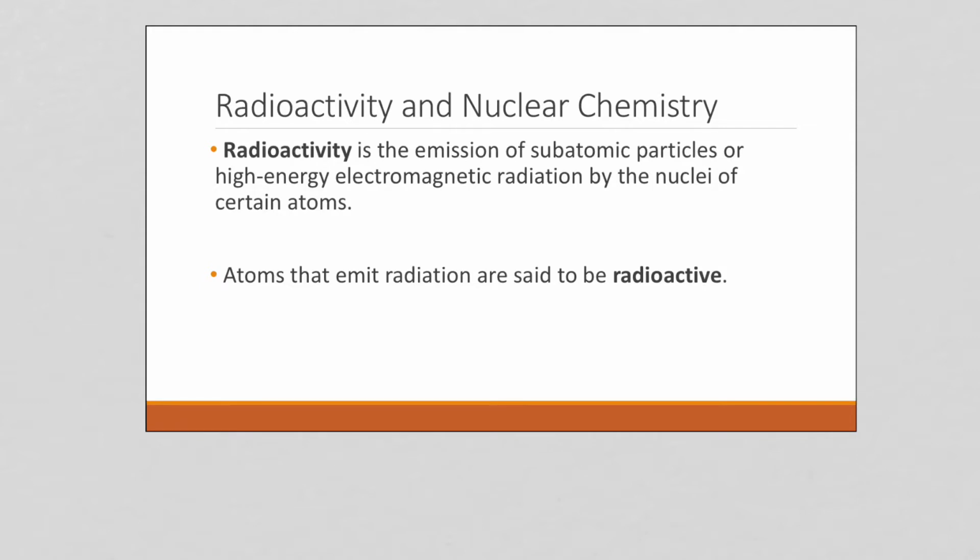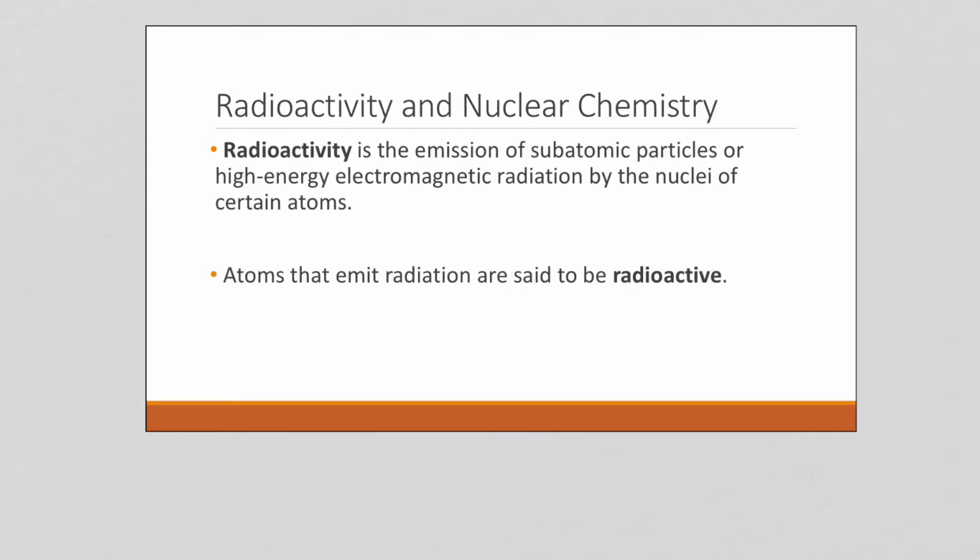Now, atoms that emit this radiation are said to be radioactive. So when we use the term radioactive, that means it has active radioactive nuclei. So a sample of uranium-235, for example, is radioactive.